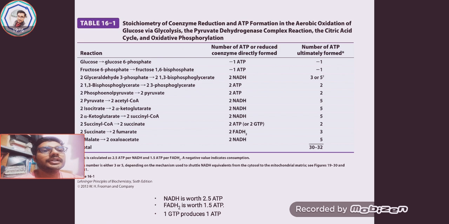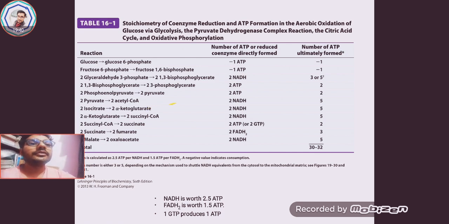So let's see what we have gained in the reaction. If you ignore glucose to glucose 6-phosphate and fructose to fructose 1,6-bisphosphate, just ignore all this. We will start from here.